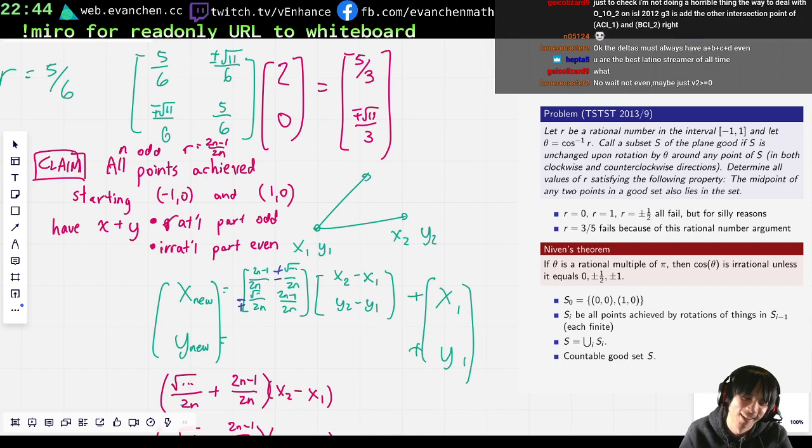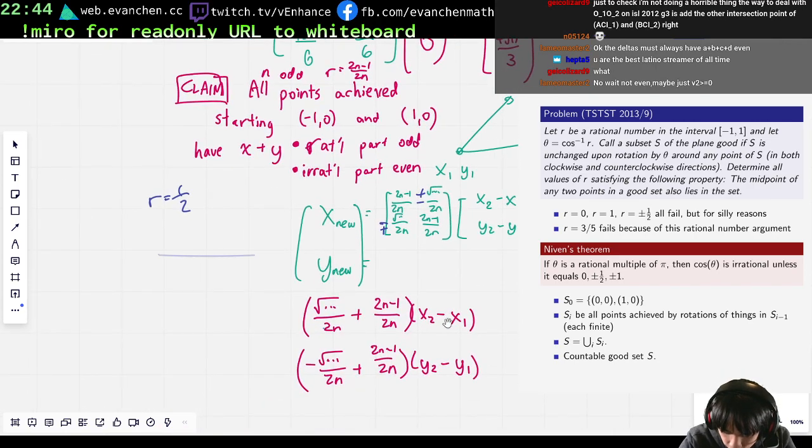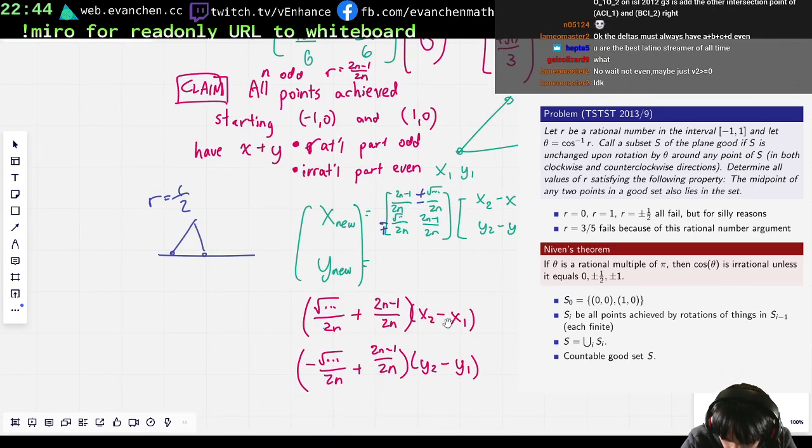No! If it's v2 at least 0, it doesn't rule out 0, 0. Right? Like here, when r equals 1/2, I can draw a picture of what all the points are, right? So if this is like minus 1, 0.